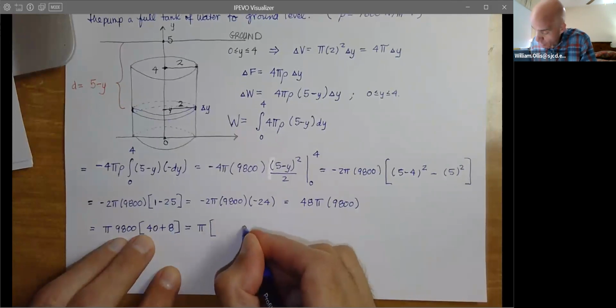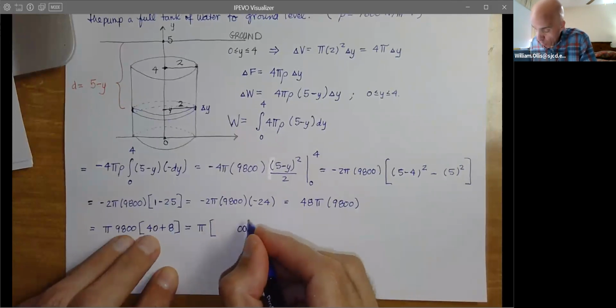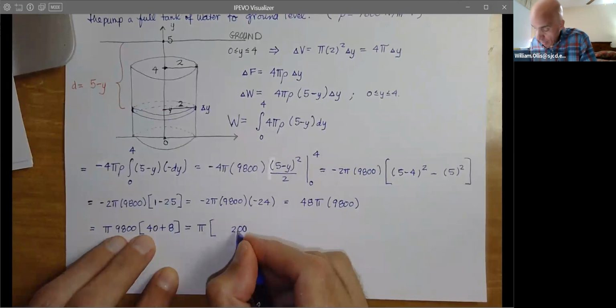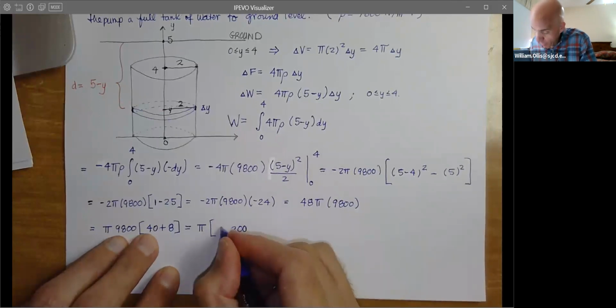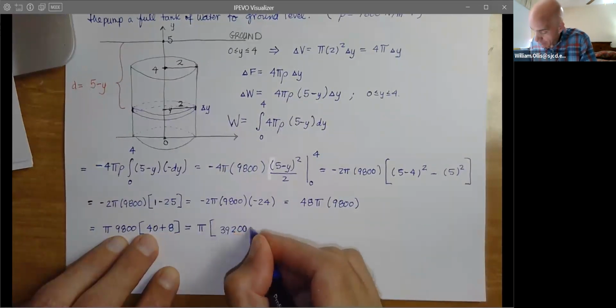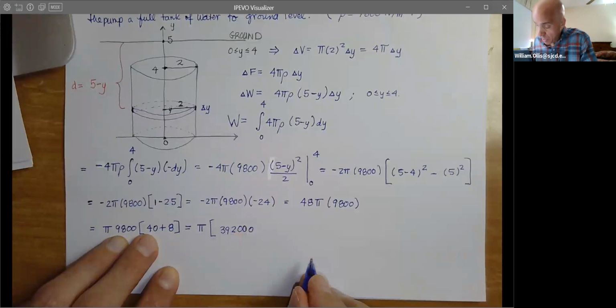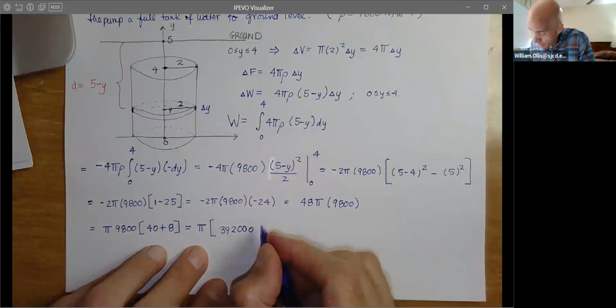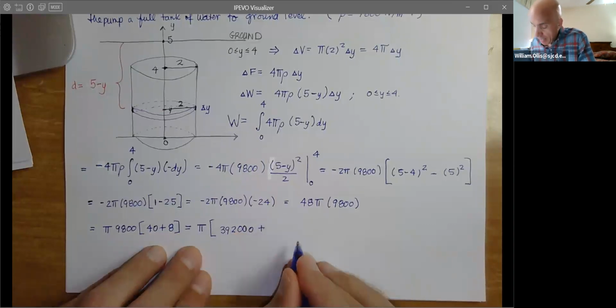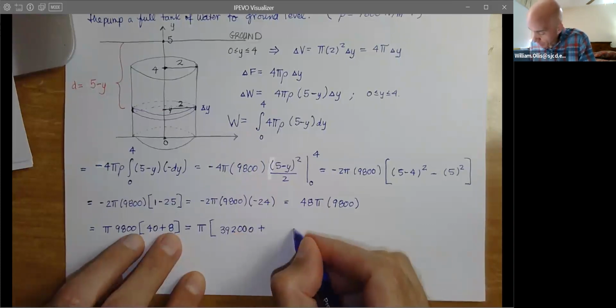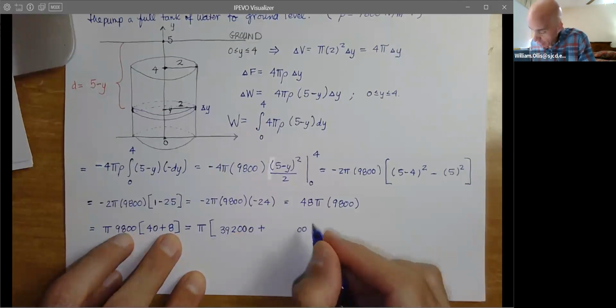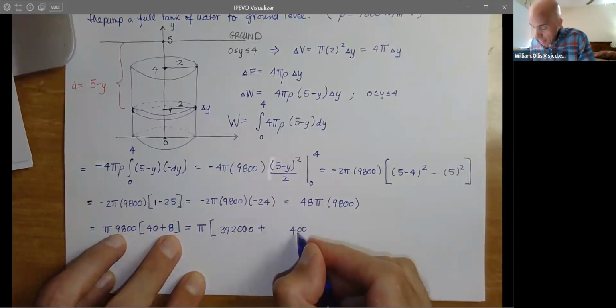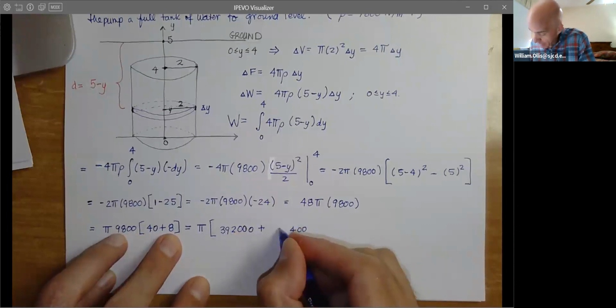So we get 0, 0, then a 4, that'll be a 2, and then carry your 3, that'll be a 39, with an additional 0. So 392,000 plus, and now we've got an 8 here, so that'll be 0, 0, and then 8 times an 8, that'll be a 4, with a 6, so that'll give us a 78.